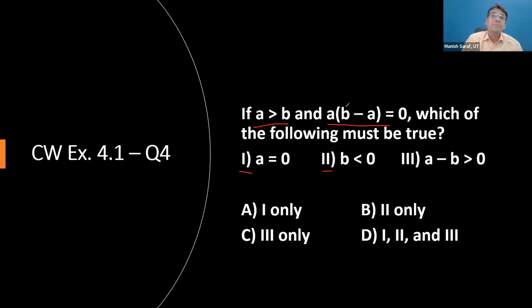If A is greater than B, then B minus A for sure is not 0. This part is not 0. But something multiplied by this part, which is A, is equal to 0. So can I say A is 0? Okay. Got it. So if A is 0, then B is something that is less than 0, because A is greater than B. So B is less than 0, A is equal to 0.